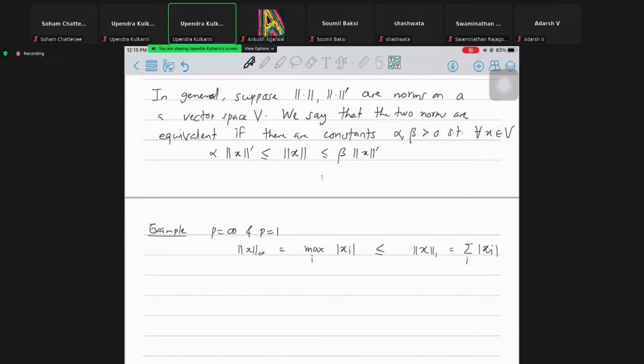Now, the opposite inequality is not true as is, but in exactly the same way, the maximum is certainly greater than or equal to each one of the xi's, and therefore if I take n times that, it is greater than or equal to the sum, adding the other side.